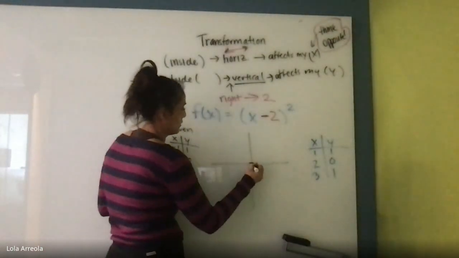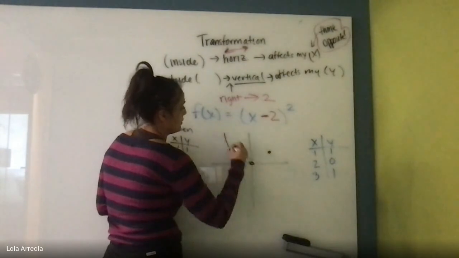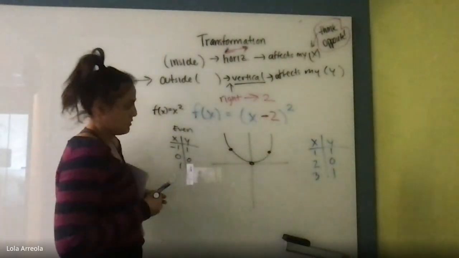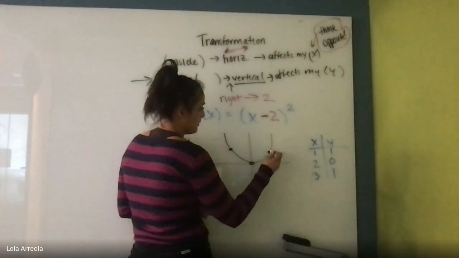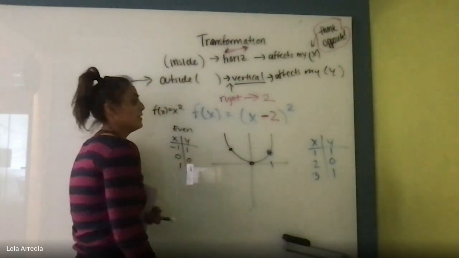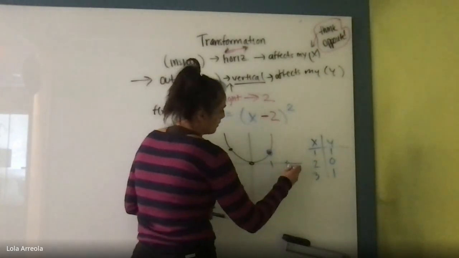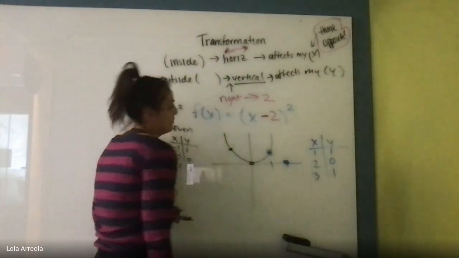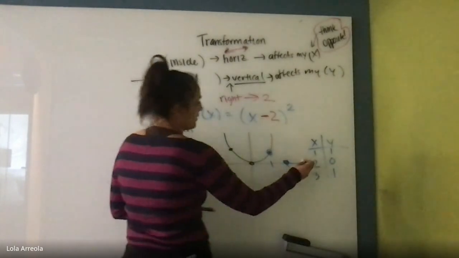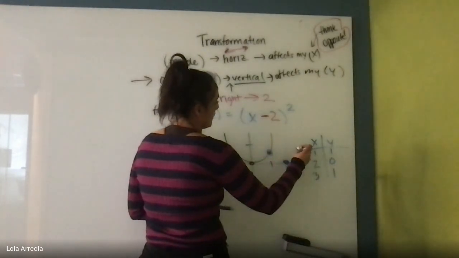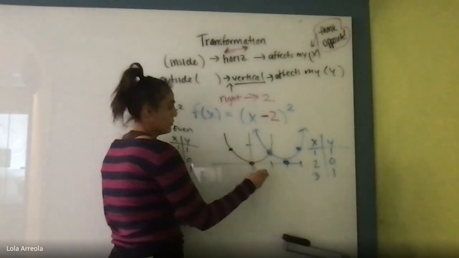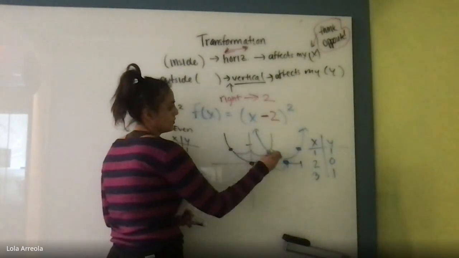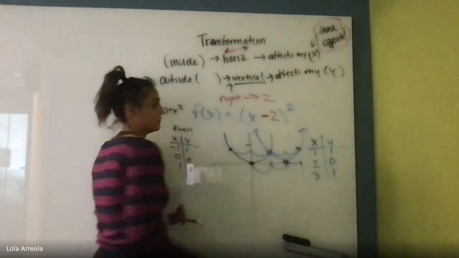Now I have 1, 1, so I'm going to overlap that one. 2, 0 should be there, and 3, 1 should be there. Notice each point moves 1, 2 to the right.